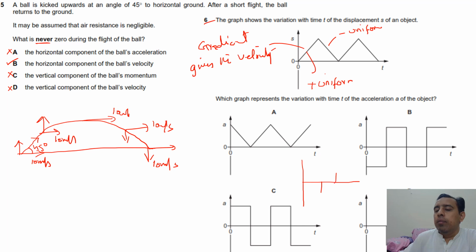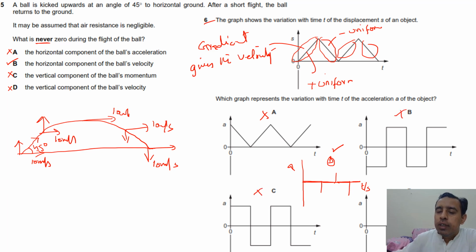Option D is the correct option, because the acceleration is zero at this point. Acceleration is zero at this point, it's zero at this point. So for all the slopes, the acceleration is zero. But here the acceleration is varying, wrong; the acceleration is constant, wrong.